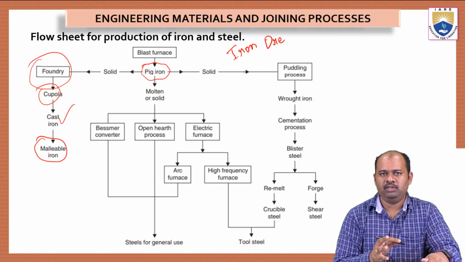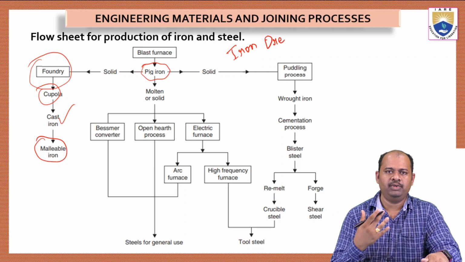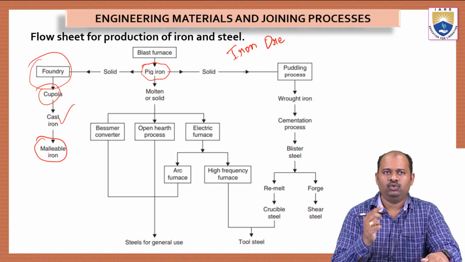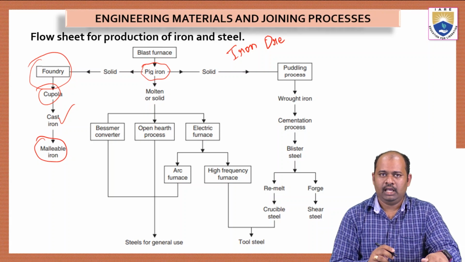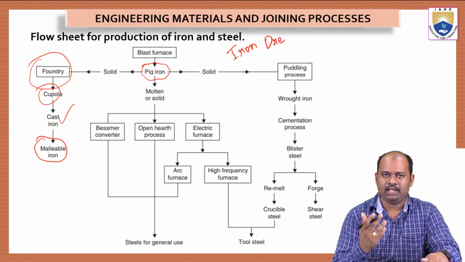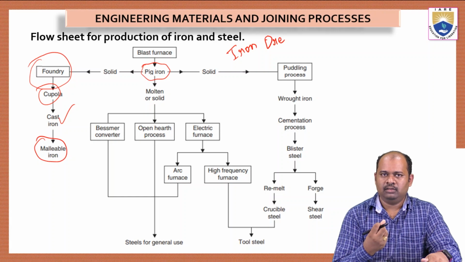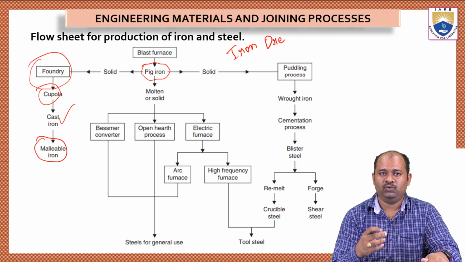The property malleability is the ability of a metal to be converted into thin wires. So it can be drawn into thin wires or very thin sheets. After processing the cast iron, we can get this very good property for the iron, where it can be converted into thin wires and sheets.